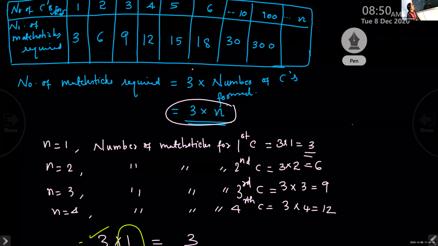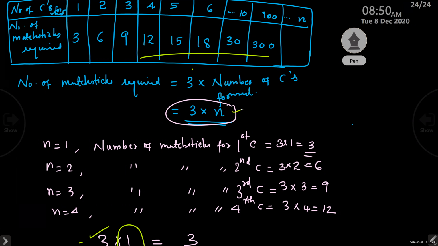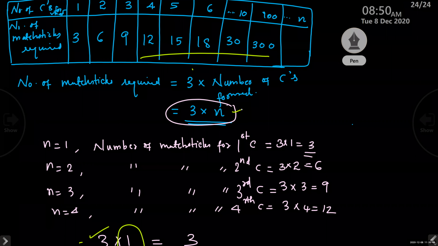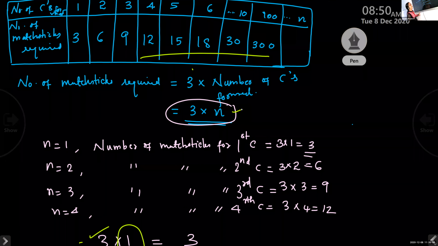So this answer depends upon this n. Clear? Number of mastics required depends upon the value of n. If you give 1, answer is 3. If you give 2, answer is 6. Clear? So that answer depends upon the variable.